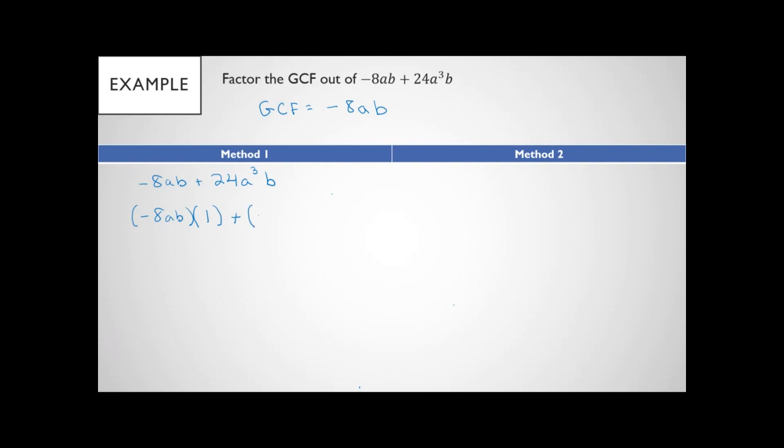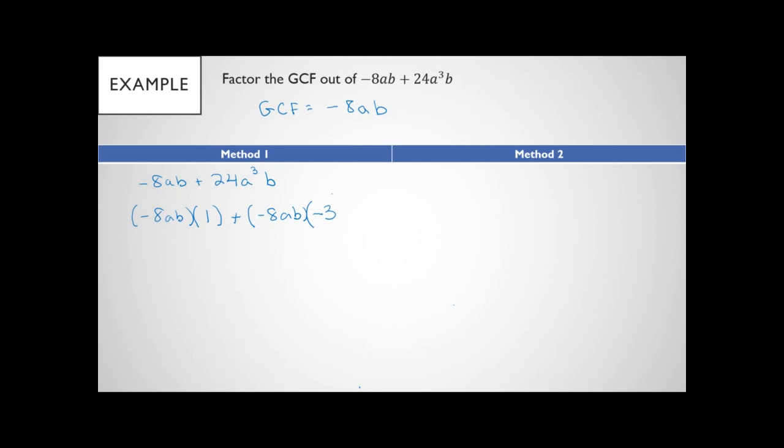Now, second thing, I have a negative 8ab as my GCF. I have to split up my 24a cubed b so that these will multiply back. So if I have a negative 8, I need another negative to multiply to a positive 24. So I have to have a negative 3 to get to that positive 24.